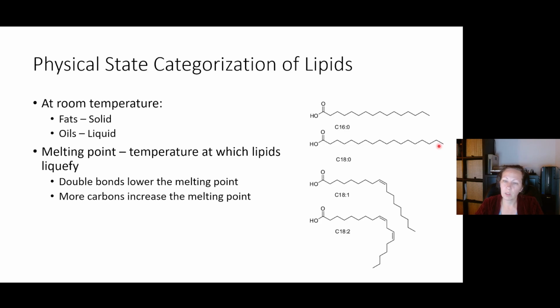Okay, so taking out 2 carbons here reduces the melting point by 7 degrees Celsius. Now here is oleic acid, which is 18 carbons and 1 double bond, and its melting point is 61 degrees Fahrenheit. So let's compare that against the 18:0.